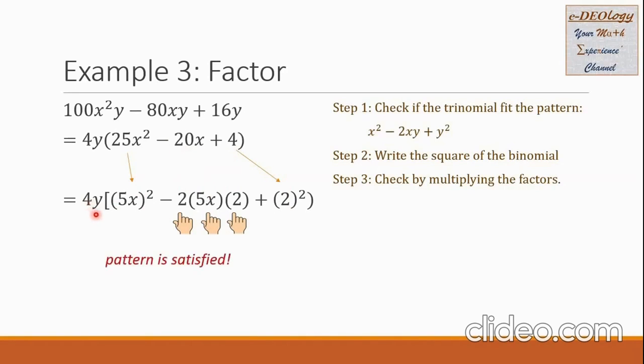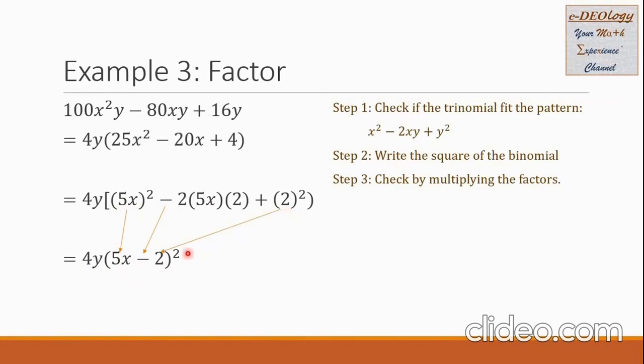So I will now go to step 2 to write my answer, to write the square of the binomial. First, I will copy the 4y, and then for the binomial, it will be the 5x as the first term, then minus, the sign comes from the sign of the middle term, and then the second term is the number 2, which is the base of the third term.